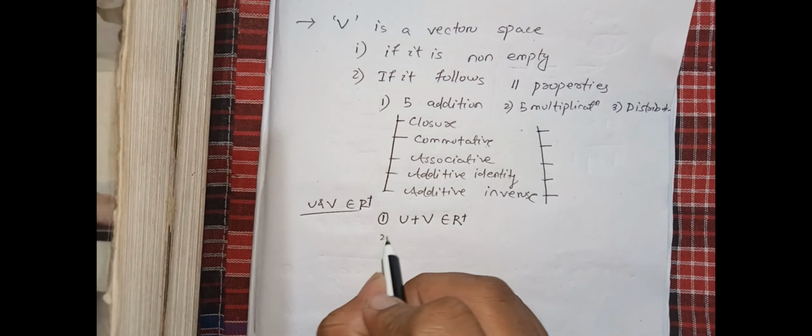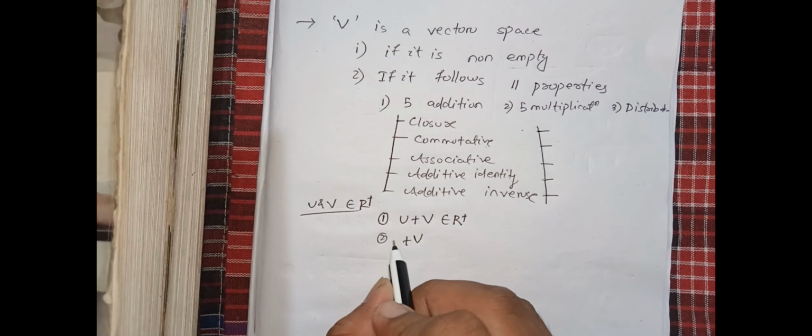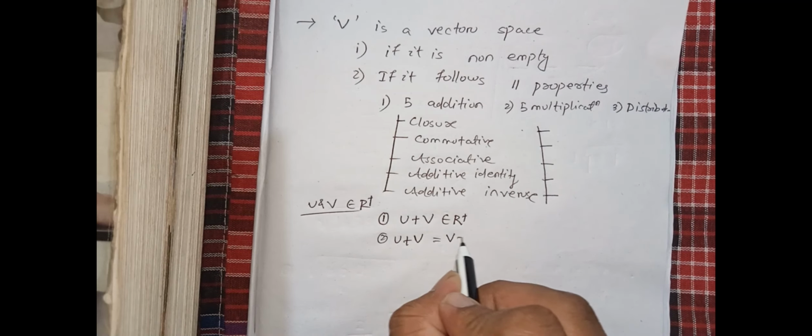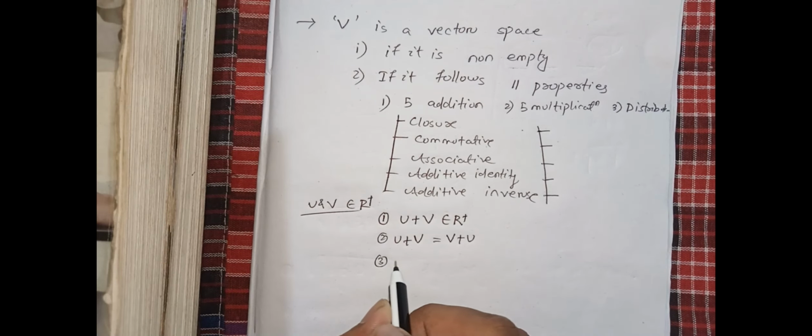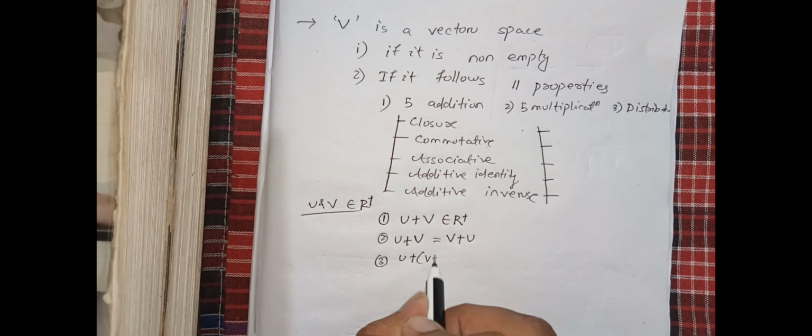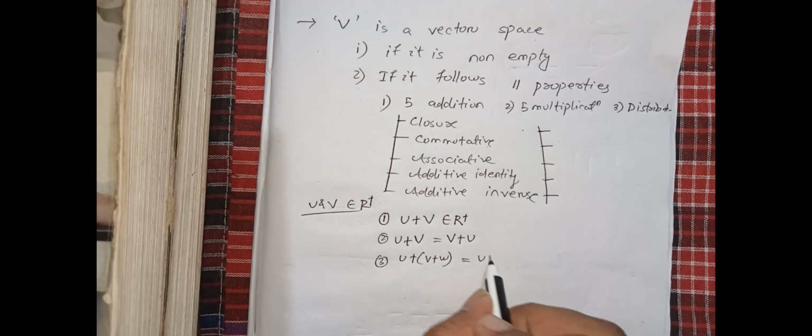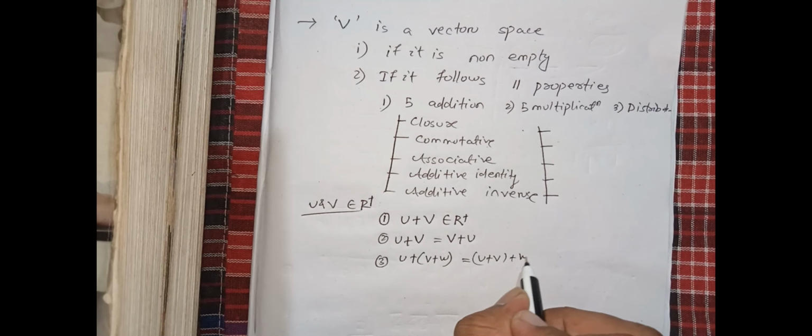Then the commutative property: U plus V is equal to V plus U. In the associative property, U plus V plus W is equal to U plus V plus W, the same.